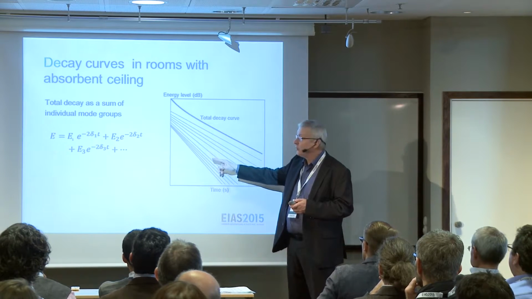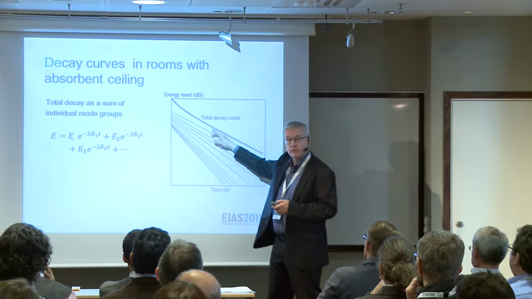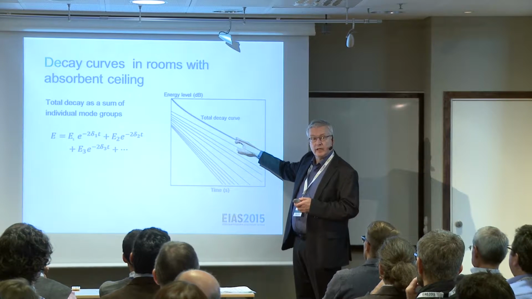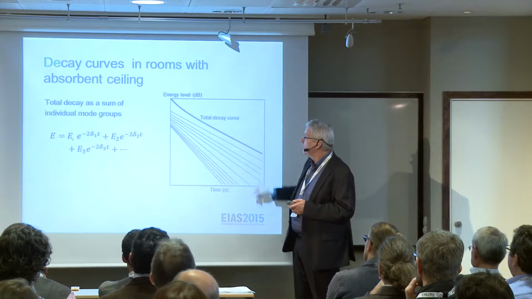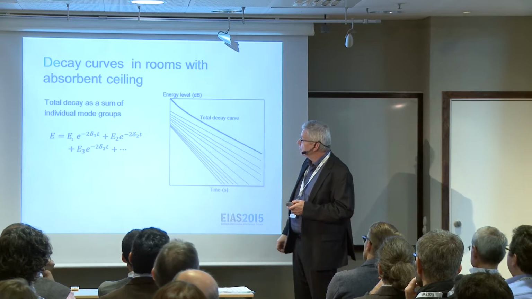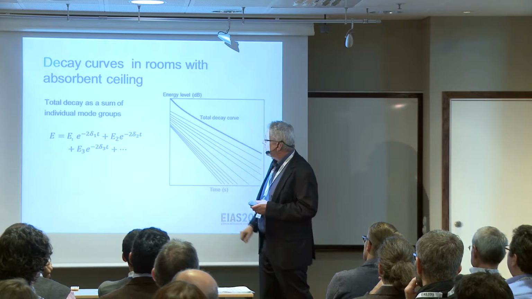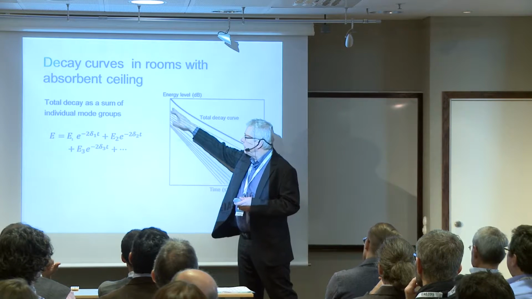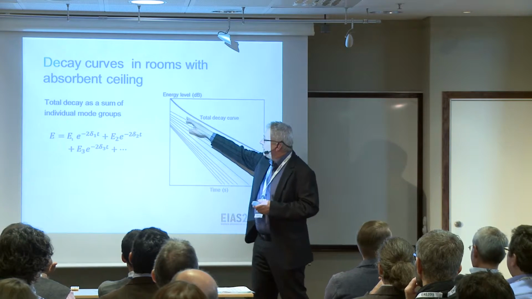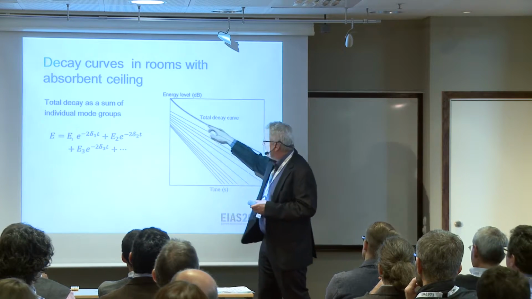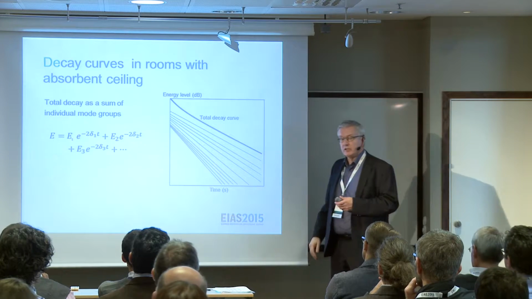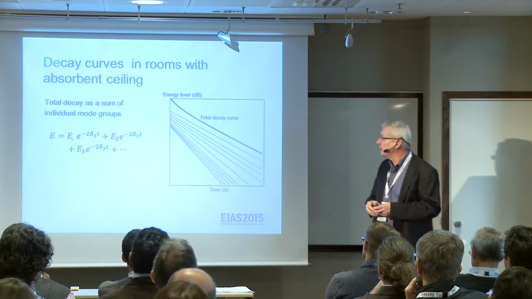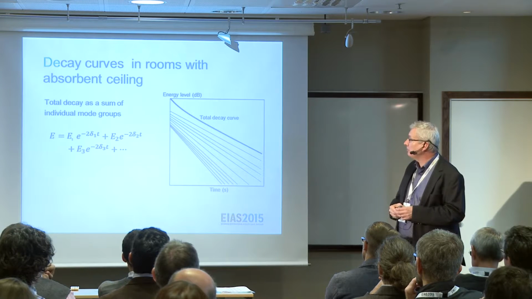And a typical behavior is that you get a curvature of the total decay curve. So in fact, you don't really have a very well-defined reverberation time, because in the beginning it's a shorter reverberation time, and then you have a longer reverberation time at the end of the curve.